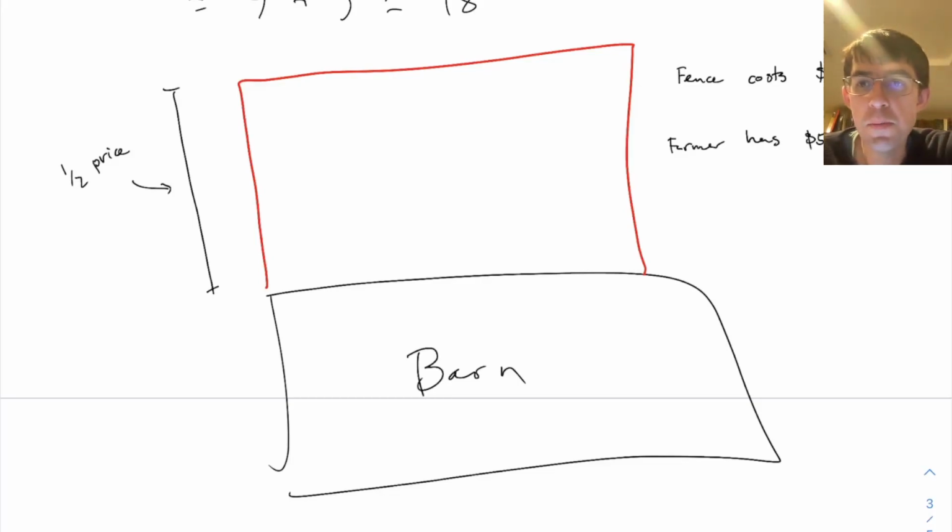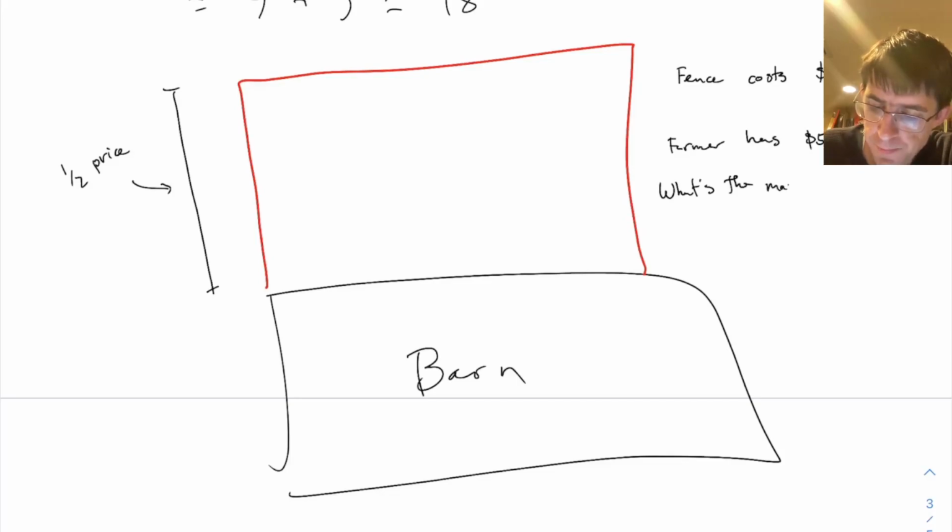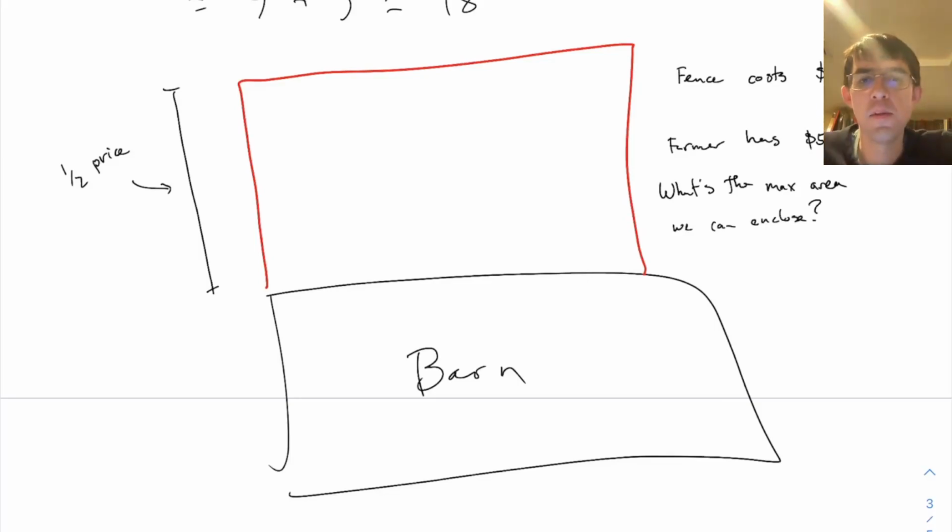And the question is, what's the biggest area that you can enclose in the fence here? What's the maximum area we can enclose? All right. This is the setup. I hope that makes sense. Sorry, it took me a while to settle down on this problem. All right.